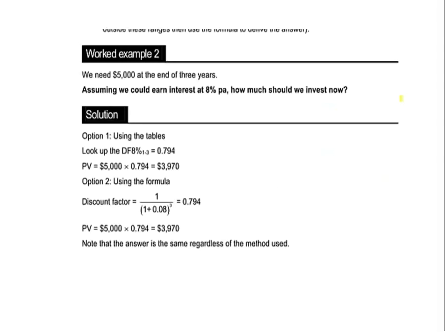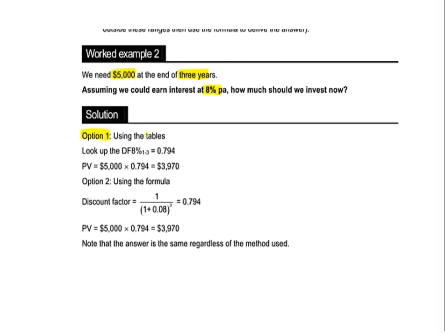In worked example 2, we need $5,000 at the end of 3 years, and the rate that we're earning interest at is 8%. So how much have we got to pop away now to ensure that in 3 years' time we've got the required $5,000? Well, there are two options then for finding the answer.